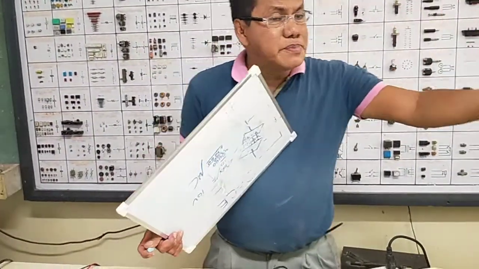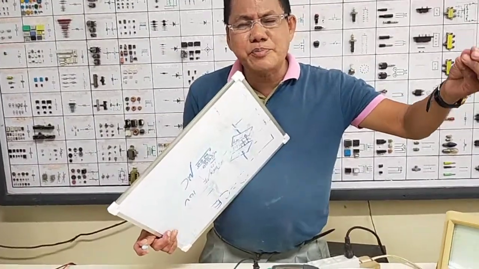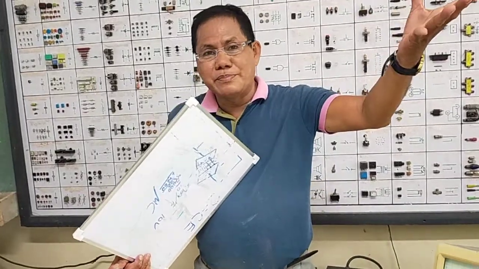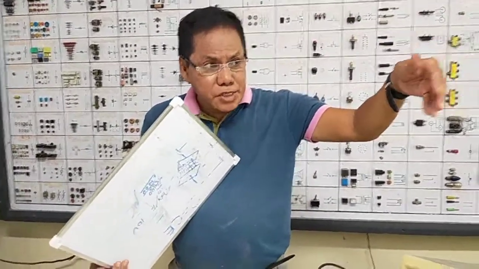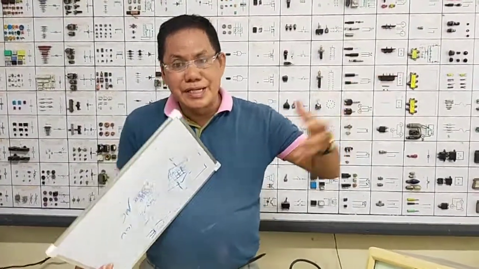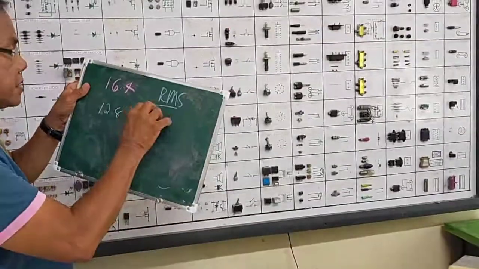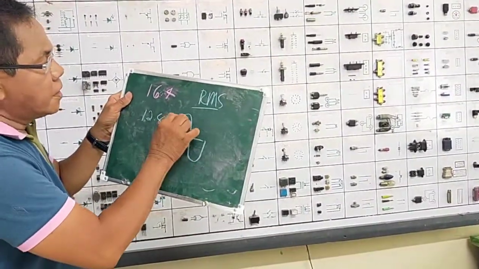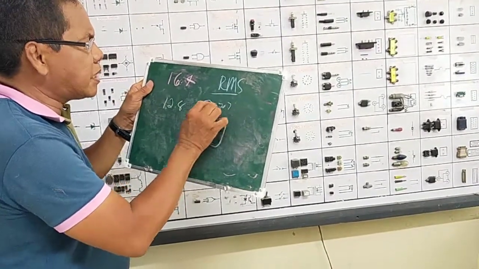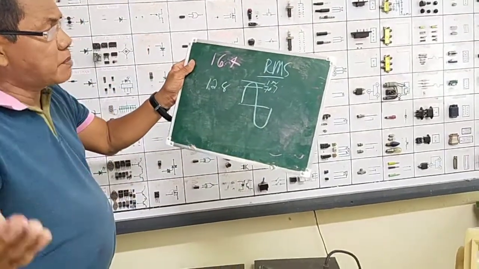What we have measured from the outlet, 238 volts for example, is just 70.7% of the 100% peak value being distributed by the power company. It goes like this. It is just somewhere here.